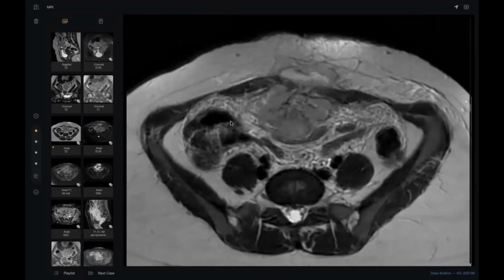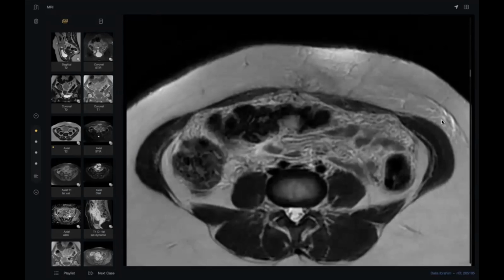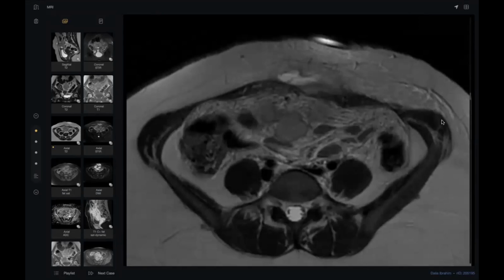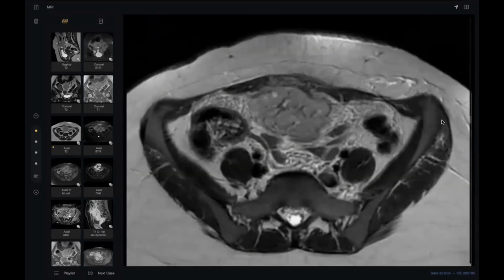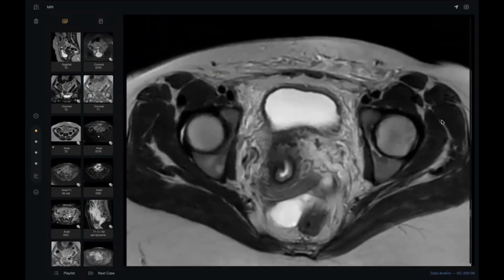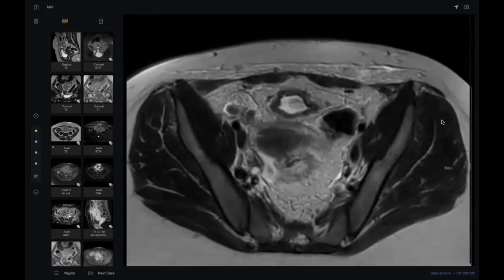Redemonstration of the lesion which I described previously, which is low intensity, attached anteriorly to the anterior abdominal wall muscles up to the level of umbilicus, and posteriorly this lesion is attached to the dome of the urinary bladder with surrounding fat stranding.